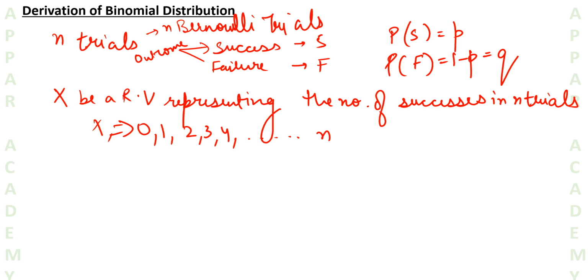Now the problem is that we need to find the probability that X is equal to r. This r can be any value. Let's suppose the probability that X is equal to 3 or X is equal to 4 or anything like that.